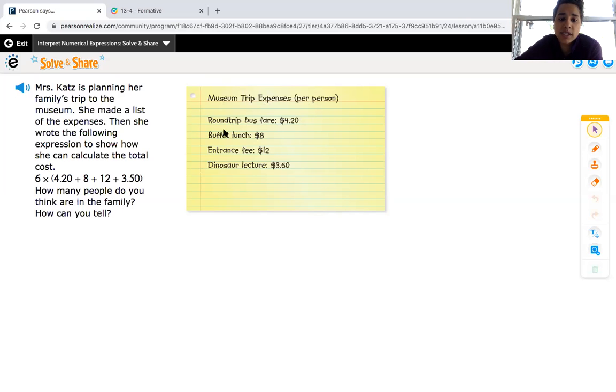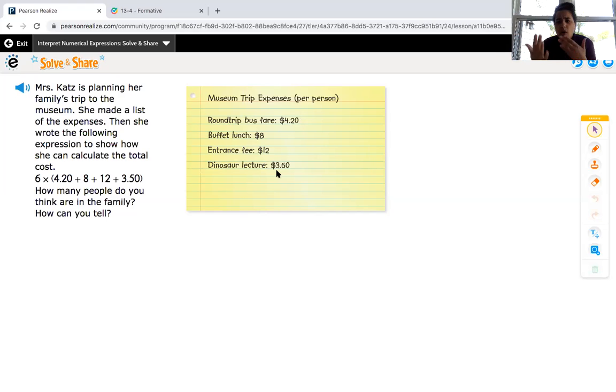So for one person, a round trip bus fare, and round trip just means there and back, is $4.20. It's pretty cheap. A buffet lunch, sounds good right about now, is $8. And the entrance fee, so to get into the museum, is $12. And the dinosaur lecture is $3.50 per person.